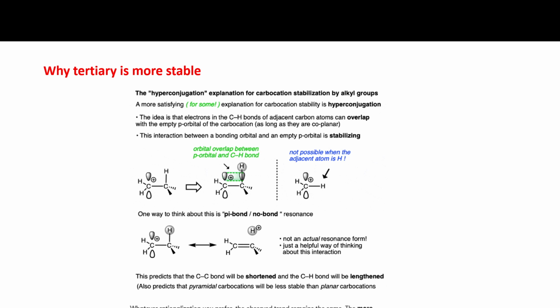Now, from the hyperconjugation point of view, how will it stabilize your carbocation? The hyperconjugation explanation for carbocation stabilization by alkyl groups is more satisfying in some cases. The idea is that electrons in the C-H bond adjacent to the carbocation can overlap with the empty p orbital.